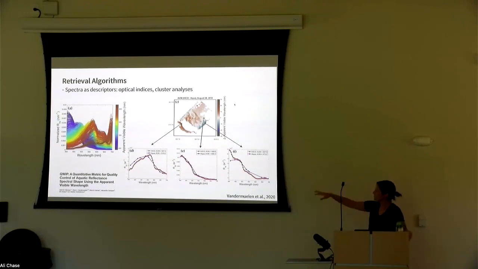And then Dierssen et al. sort of used that AVW approach to come up with this quantitative metric for quality control of Rrs, called QWIP. They have a big library where they can use the spectral shape of Rrs to assess whether a given spectrum is realistic.